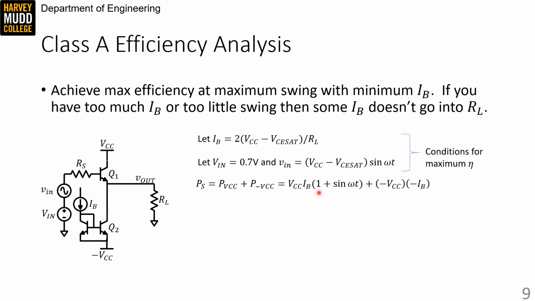That explains this 1. And then we know we're going to see a sinusoidal variation in our current as V out moves, because V out is linear with RL. And we know that the peak value of that sinusoidal variation is going to be IB, because the highest voltage here will be VCC minus VCE sat, and VCC minus VCE sat over RL is our IB value.